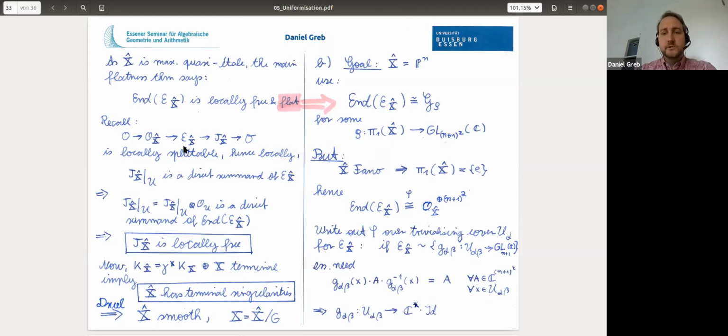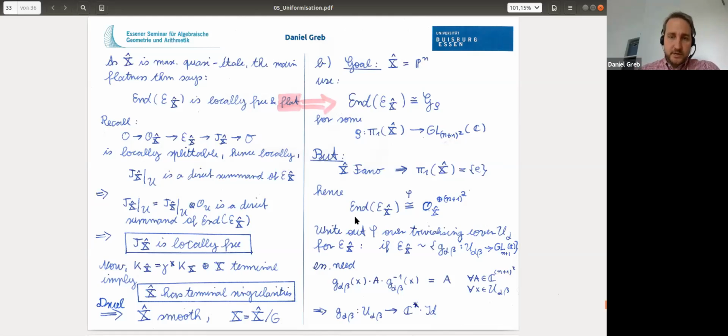Yeah, so this E of X hat comes with some transition functions, G alpha beta. It's a vector bundle E of X hat, so it has these transition functions. And so if I write out this isomorphism phi, I'm writing an isomorphism from End of E, which has transition functions given by conjugation with G alpha beta.